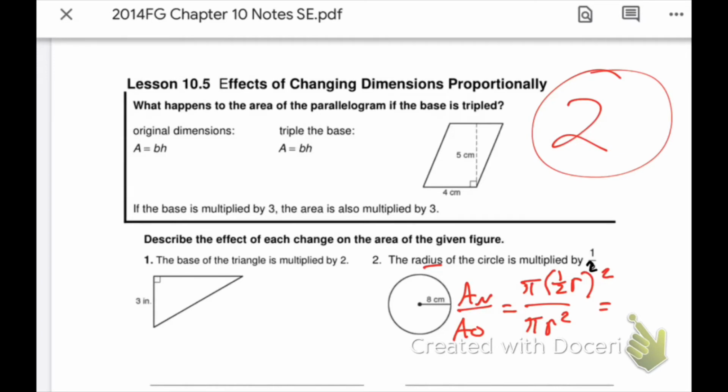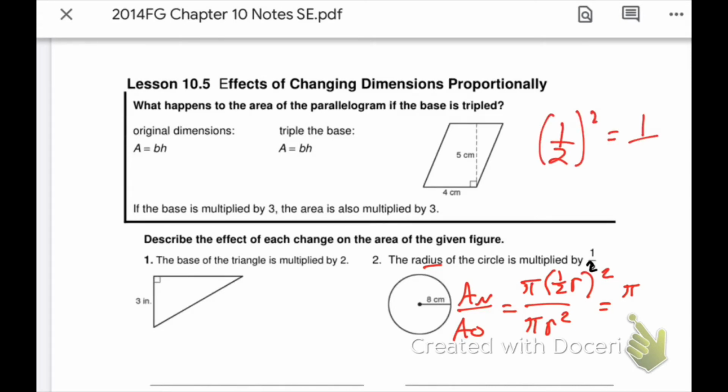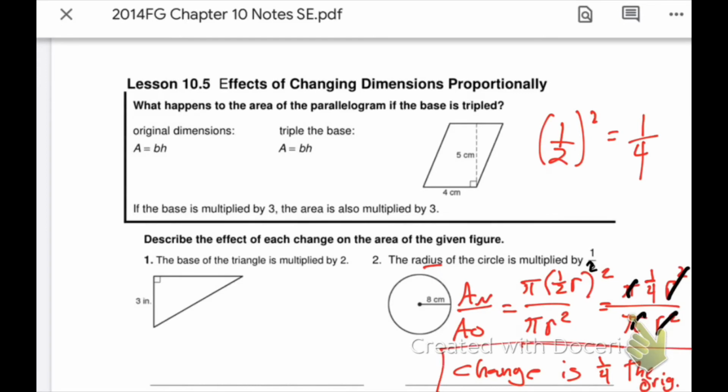Well, simplifying this a little bit, 1/2 squared is equal to 1/4. So I get 1/4 radius squared over pi radius squared. Pi's cancel, radius squared cancels, and I'm left with the change is 1/4 the original. And there is my answer.